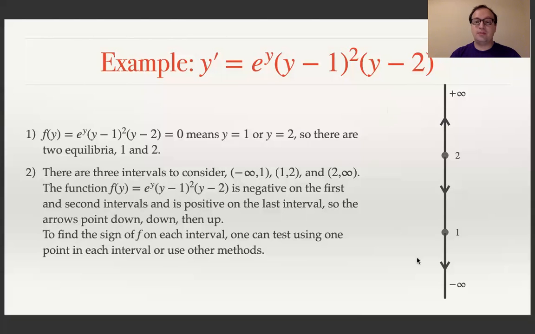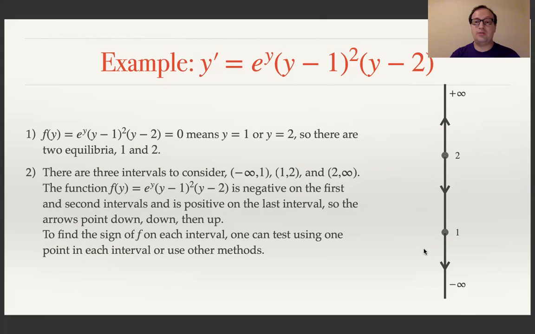The second step is by one method or another, we find out what sign f has on each of the intervals of the real axis that are separated by the points 1 and 2. So the points 1 and 2 separate the real axis into 3 intervals, minus infinity to 1, 1 to 2, and 2 to infinity.